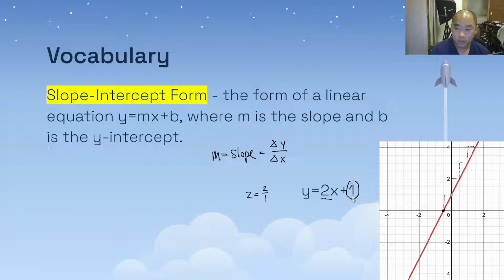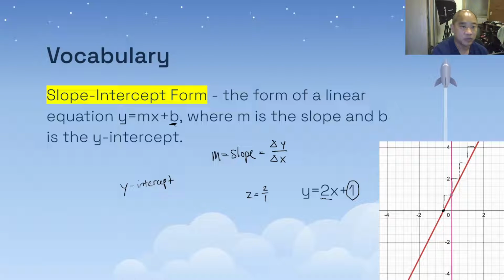The y-intercept, b, this part of the equation, is where the line crosses the y-axis. Remember, the y-intercept is where our graph crosses the y-axis. And the y-axis, I'm just going to make it real clear here, is this line right here. It would be more clear if that was thicker.